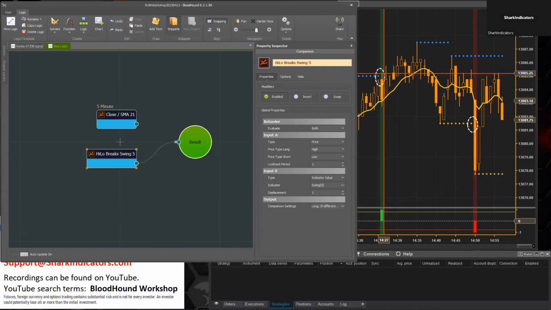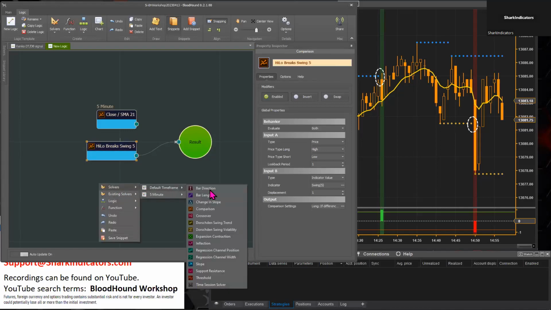There's no pullback, but sometimes you don't actually get a pullback. So it depends on how you're mixing and matching stuff here. But we're going to keep things simple and make all the basic building blocks that we're going to need later on. So let's identify a bar that's touching the 9 EMA.